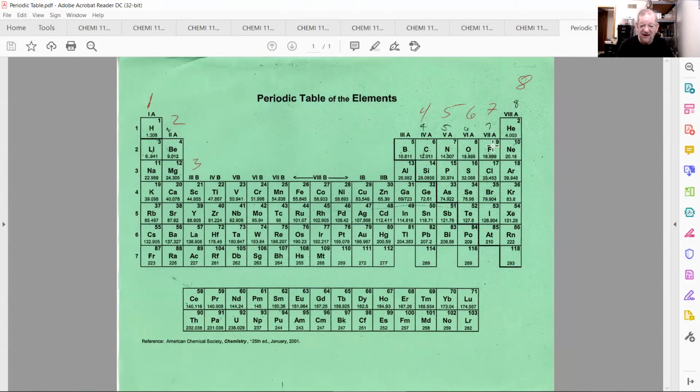If I ask you the chemical symbol for krypton, that's Kr. And if I ask you what's the chemical symbol for the element potassium, you should know that's K. You should be able to do that for the 37 elements I asked you to learn. I didn't ask you to learn the whole periodic table, but I did ask you to learn that.